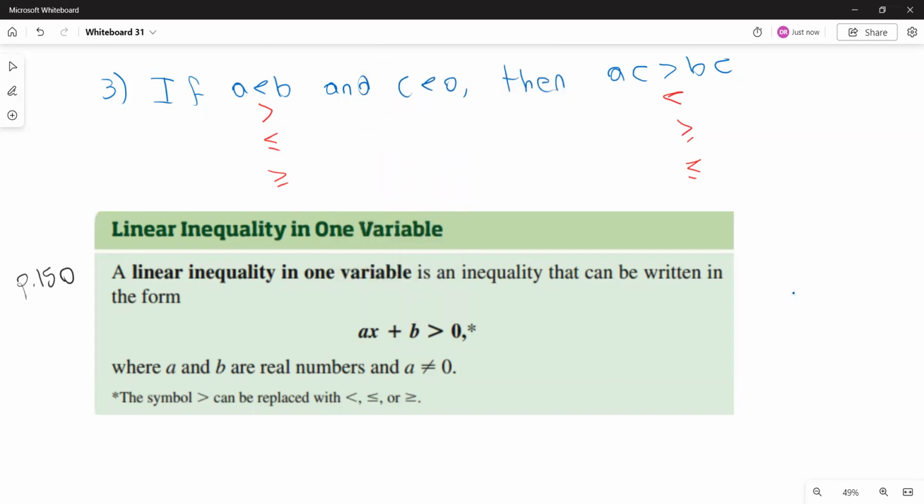A linear inequality in one variable is an inequality that can be written in the form ax plus b greater than 0, where a and b are real numbers and a does not equal 0. And we only write this with greater than 0, but we can use any of the other three symbols. We can use less than, or less than or equal to, or greater than or equal to.